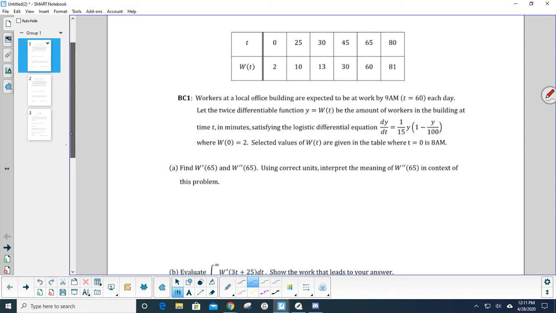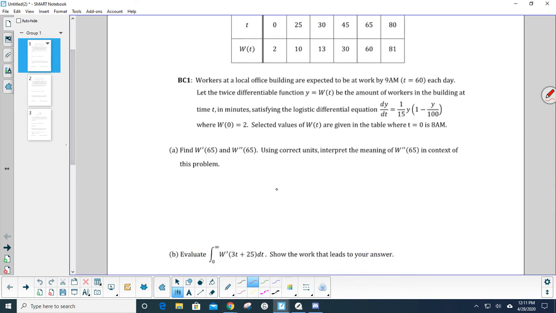Okay. So, we have some tabular data here, and we want to find... we have office workers. Let the twice differentiable function, so that means it's continuous, y equal W sub t, be the amount of workers at the building. Okay, so we have this logistic differential equation. As soon as I saw this logistic differential equation, that made me cringe. You know what I did? I Googled logistic differential equation, because part B blew my mind.